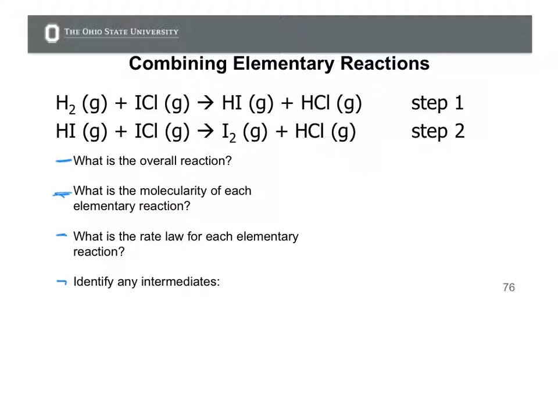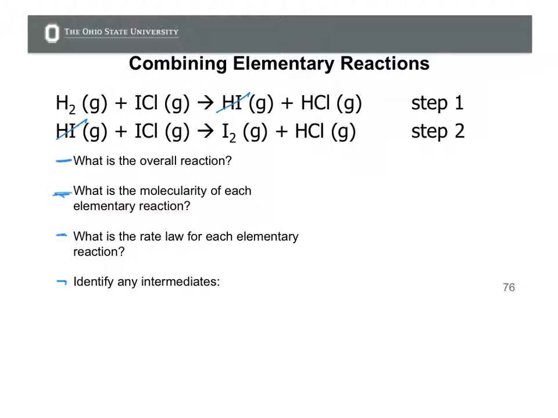Okay, so I'm going to go ahead and... Are there questions on this before I start writing things? Okay. So I like to cancel out any products that show up in the first step and reactants that show up in the second step.